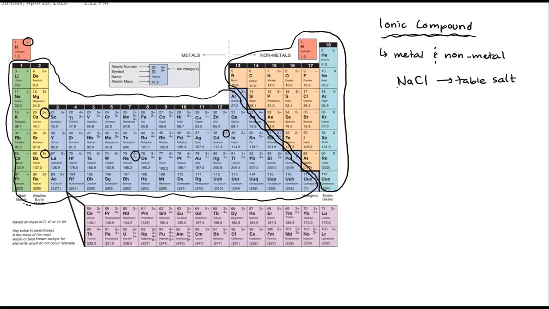So table salt, we have our sodium, which on its own is quite a reactive alkali metal. If you put it in water, it'll start to explode. And then we also have our chlorine, which in its natural form is a gas.